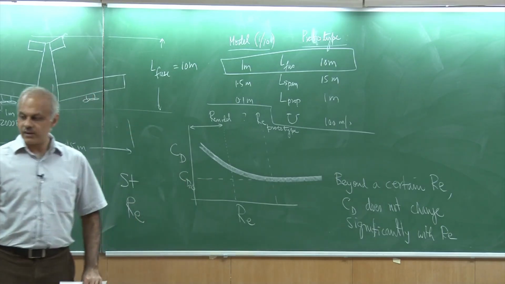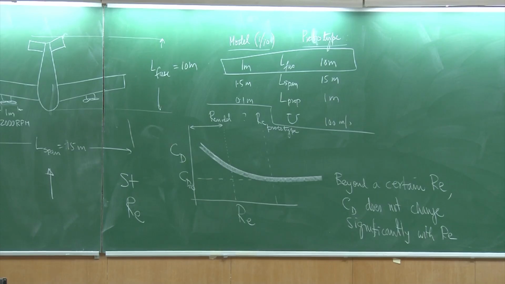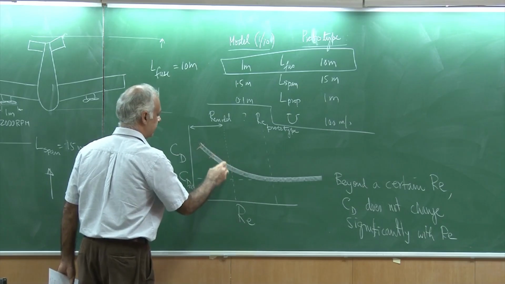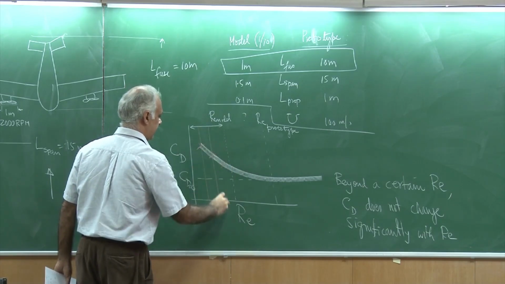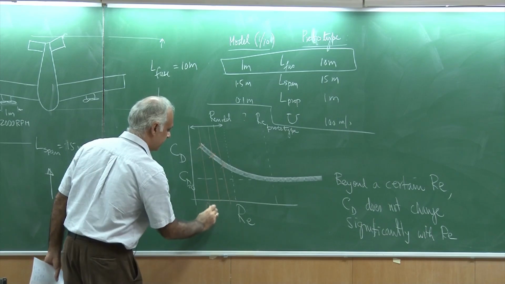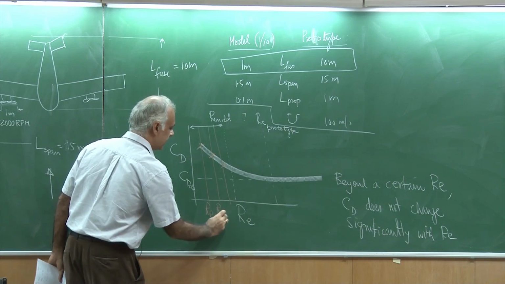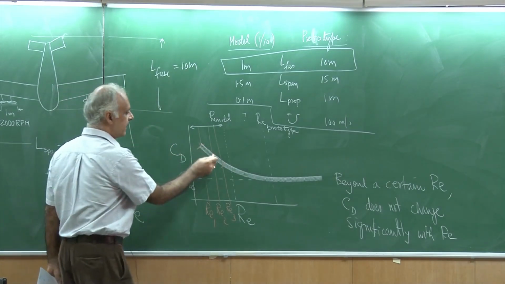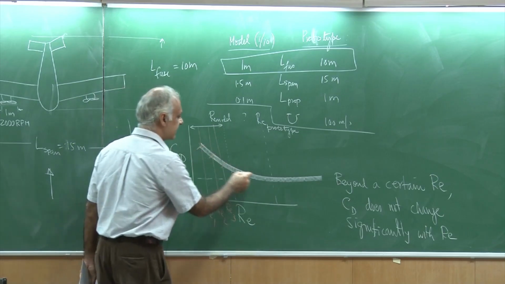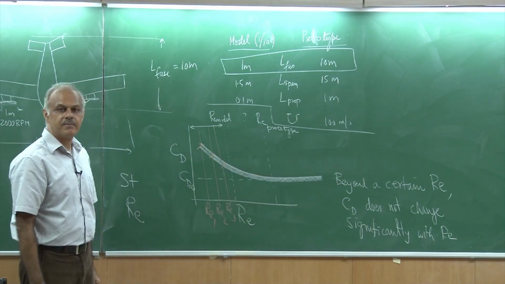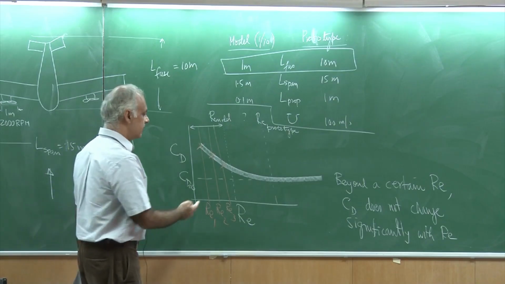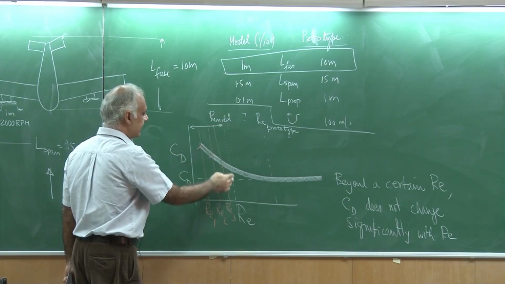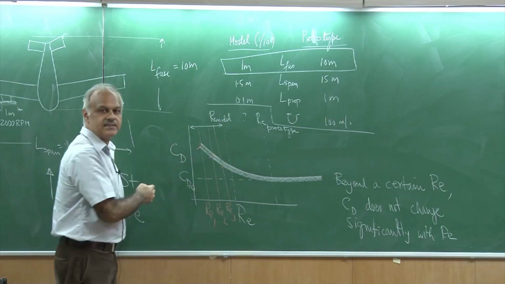So, possibly what we can do is we can conduct tests at these 3 Reynolds numbers. So, I could do a test at RE1, RE2, RE3, and then using the data here, I can reconstruct this curve and extrapolate. So, this is very smart. I have a 1/10 scale model, and I could operate at Reynolds number less than this dashed line.